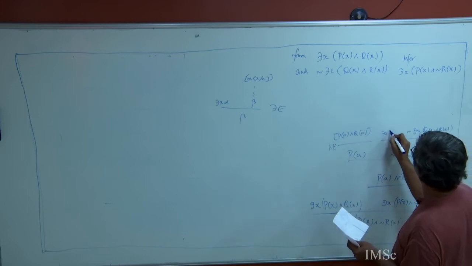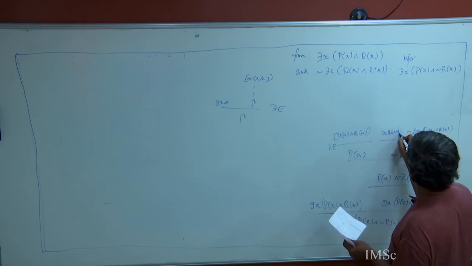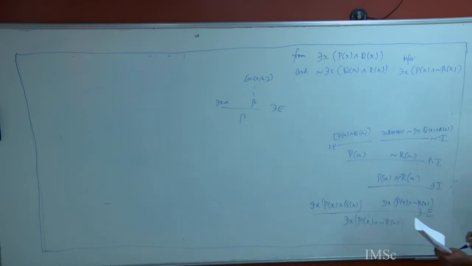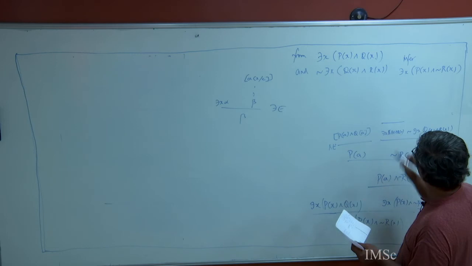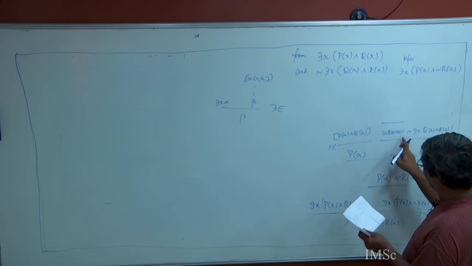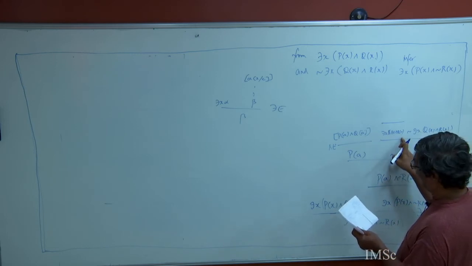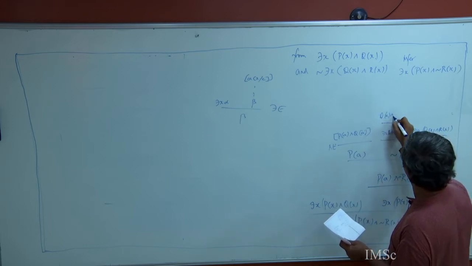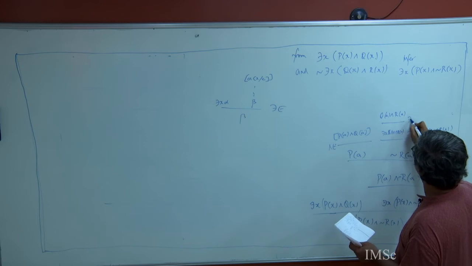So I get there exists X, Qx and Rx. So that will be my contradiction from our assumptions. This I am going to get by getting QA and RA. This is there exists introduction.